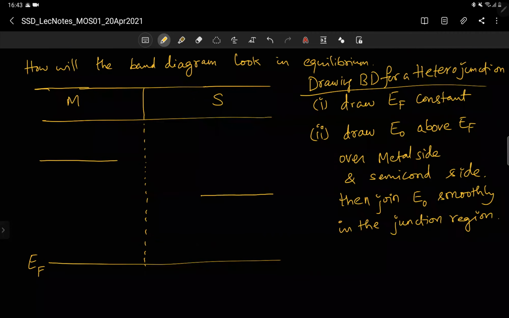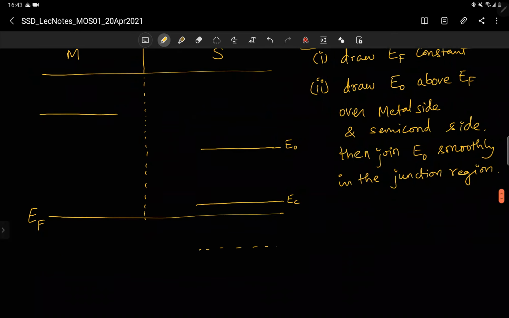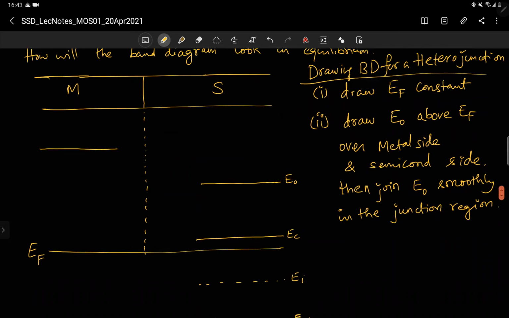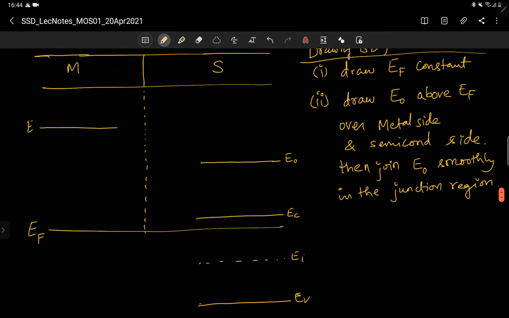This is where we saw E0, and this is EF and this is EC, and EV. EI and EF can be simply drawn like this. So this is how E0, or the bands on both sides, can be drawn.